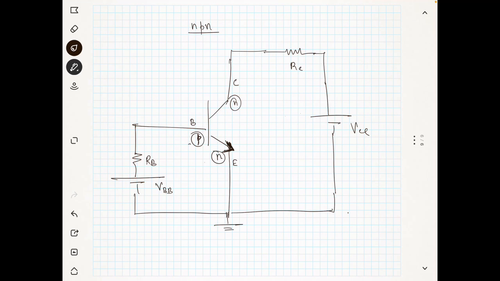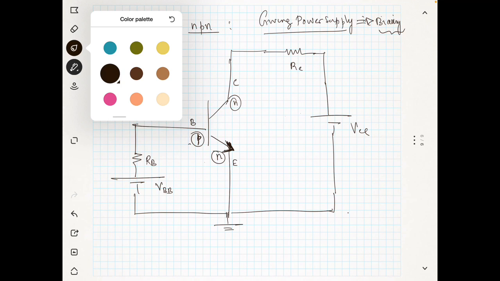Giving the power supply in a proper way, we will call it biasing. So we have to properly bias the transistor in order to make it operate properly.